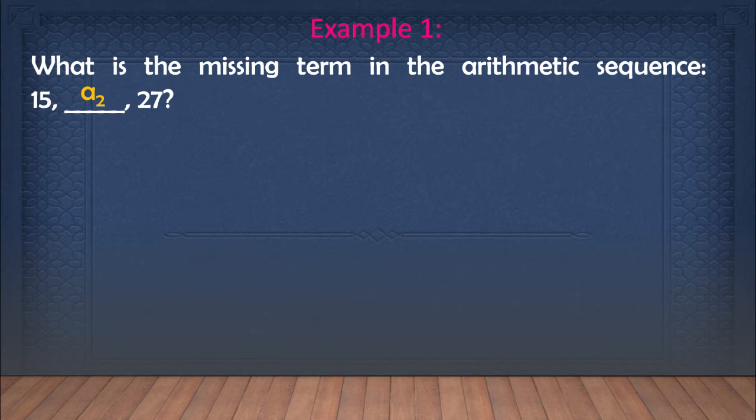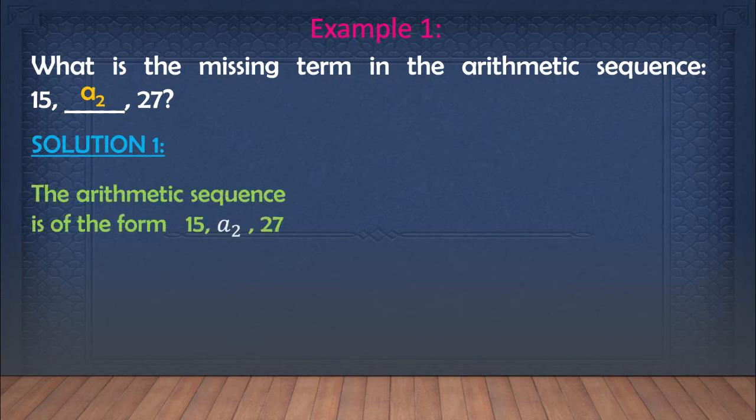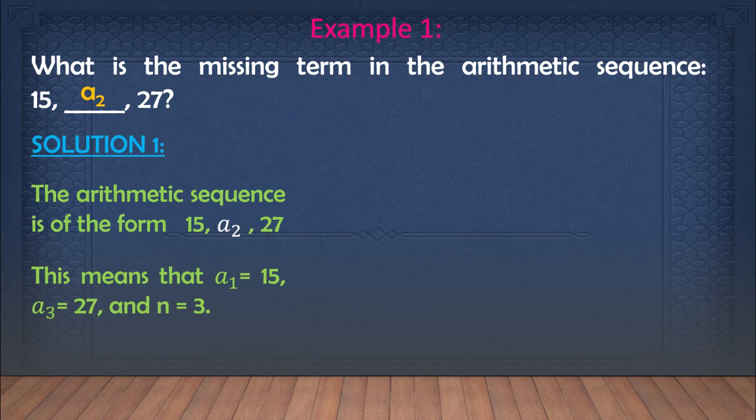Here, the second term is missing, and that second term will be denoted by a sub 2. So again, this arithmetic sequence is of the form 15, a sub 2, 27. Now this means that a sub 1, the first term, is equal to 15. a sub 3, the last term, is equal to 27.